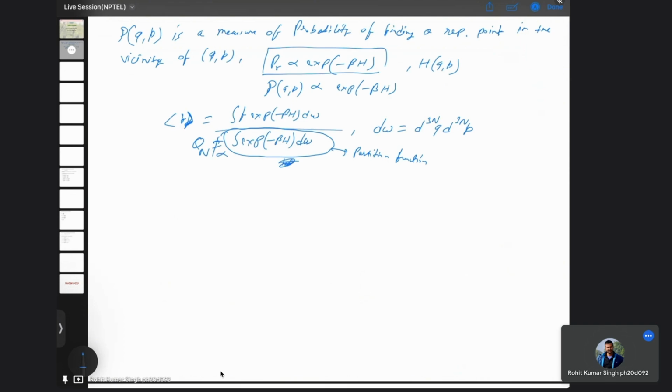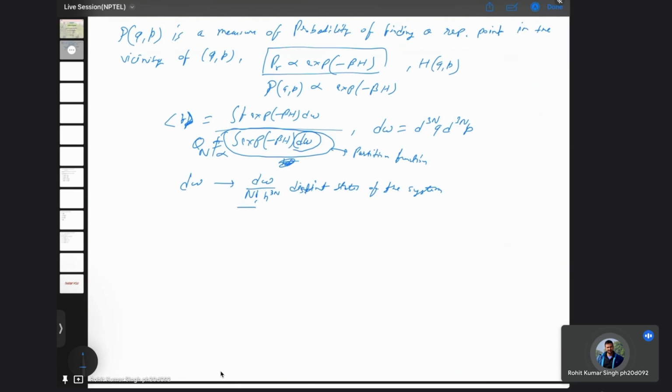A volume dw in phase space corresponds to dw divided by N factorial and h to the power 3N distinct states of the system.